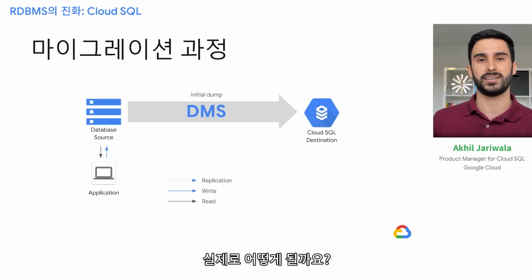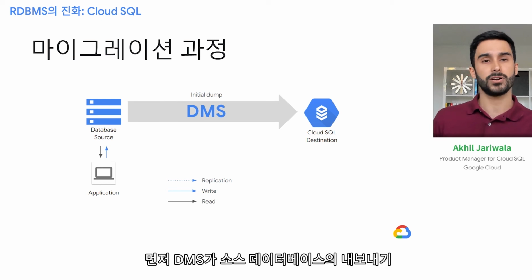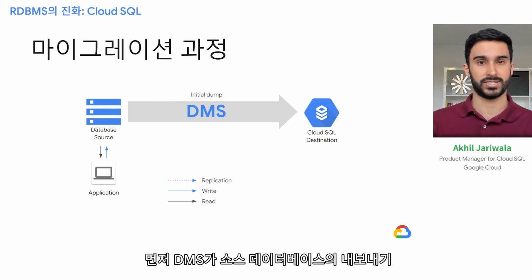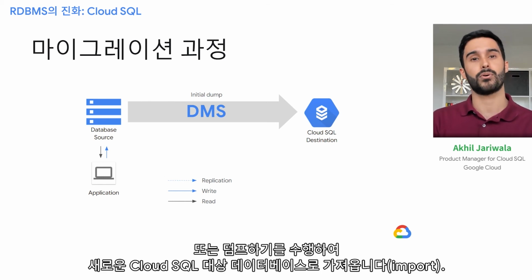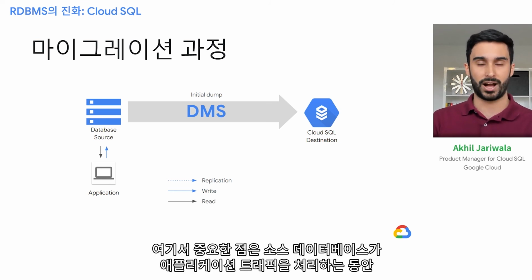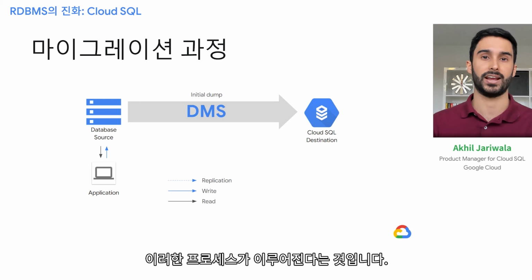How does this work in practice? Well, first, DMS takes an export or a dump of the source database and imports that into a new Cloud SQL destination database. What's important to know about this is that this process happens while the source database is still serving application traffic.